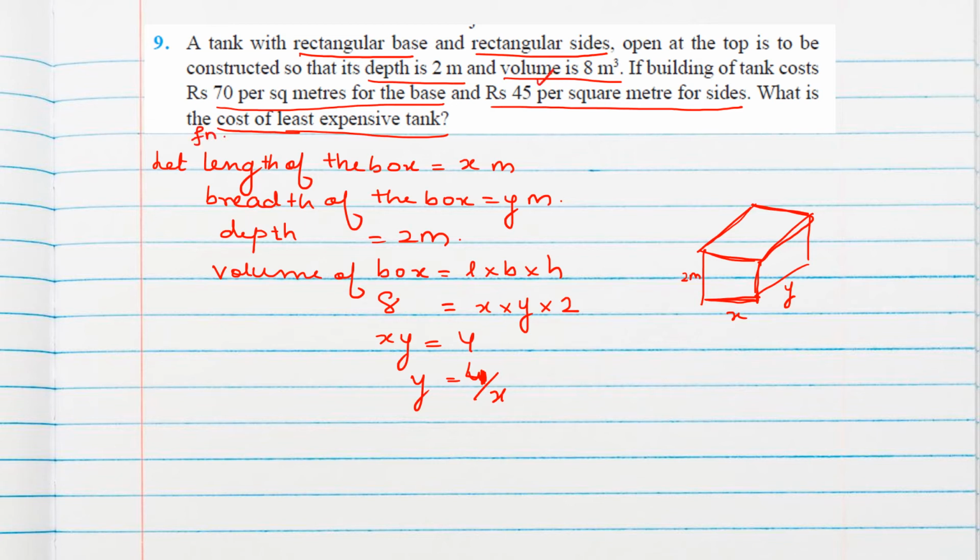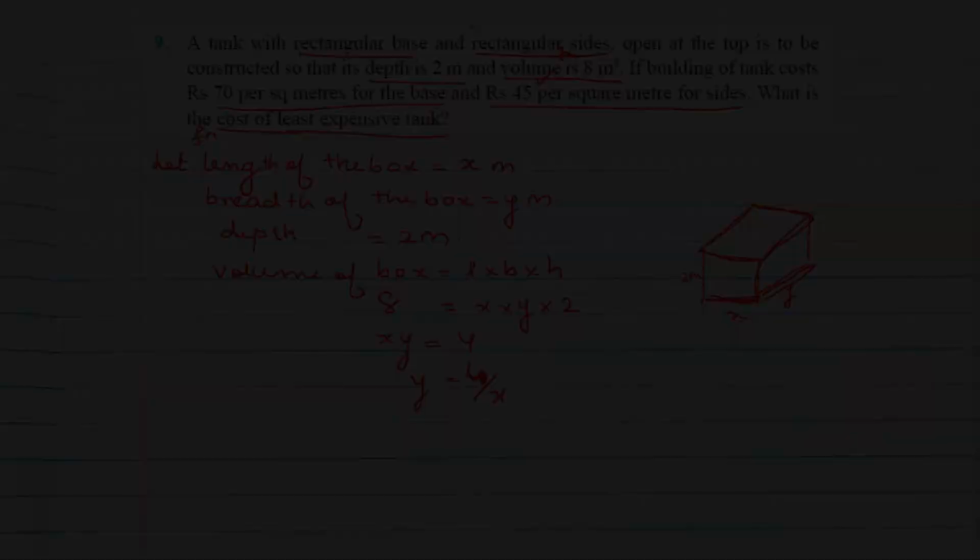Volume is given, this is given, and one more thing is given. Building of the tank costs 70 rupees per square meter for the base. Now, what will be the area of the base here? The base is rectangular in shape with dimensions x and y. Area of the base will be xy.